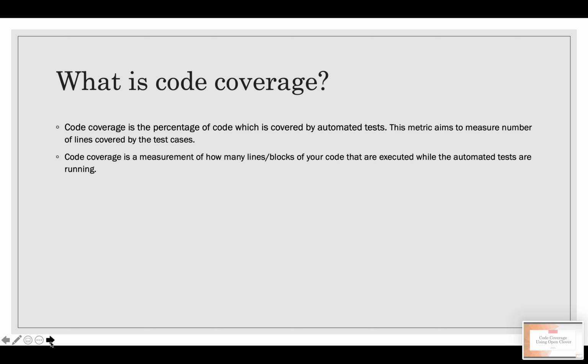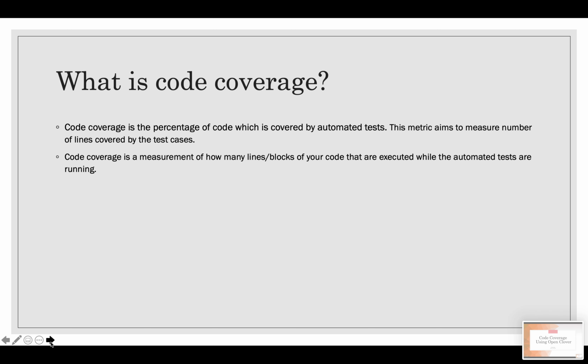So what is code coverage? You can define it in 2 ways. I'm going to define it in 2 ways to make it a bit more clear. Code coverage is the percentage of code which is covered by automated tests. This metric aims to measure the number of lines covered by the test cases you have for your code base.